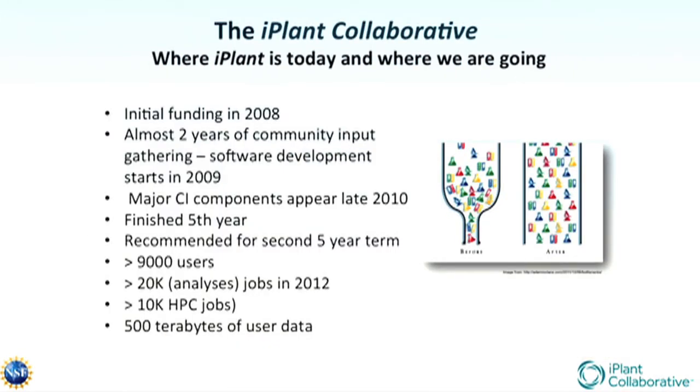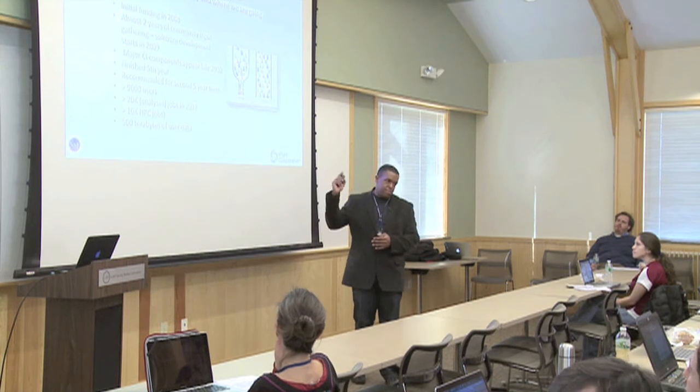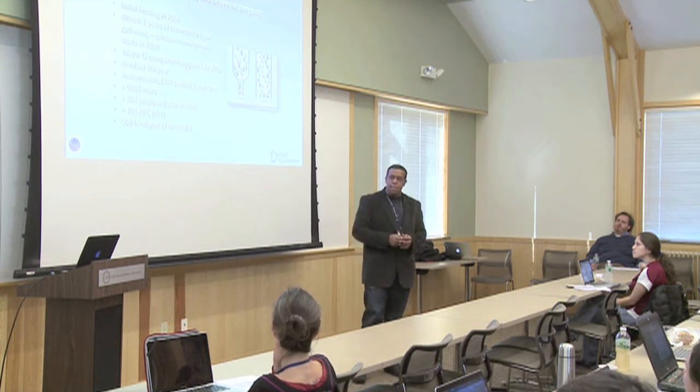So in terms of where we were, where we've come from, as I said, 2008 was initial funding. And the first year and a half, almost 2 years, was really scoping and learning from the community, what did you need to build? I'll talk about more of those things in depth tonight at the actual meeting. But over there, and these will be updated, so I'll show the latest numbers.